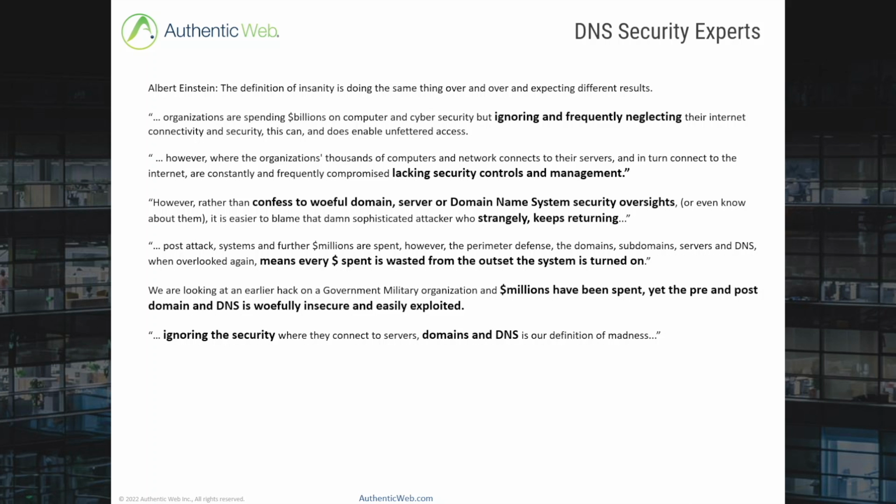Companies don't pay attention to DNS oversight, and somehow, don't know why, compromises keep happening. And then he suggests that the dollars spent are a waste if domains and DNS are not included in the security posture playbook, and concludes that this is madness and undermines cybersecurity programs. I think he's right.